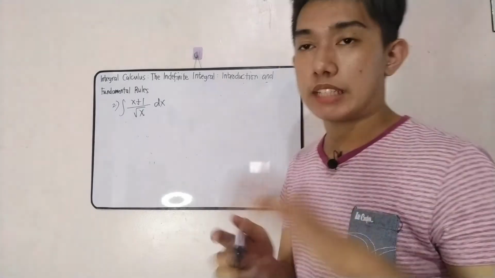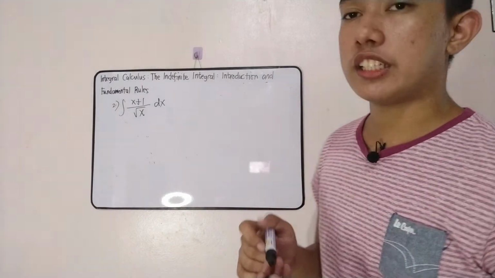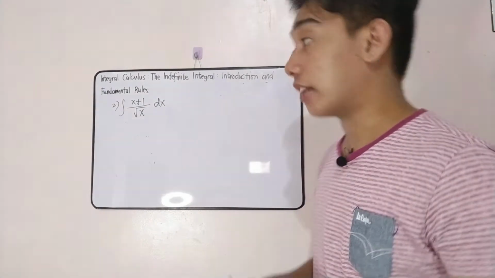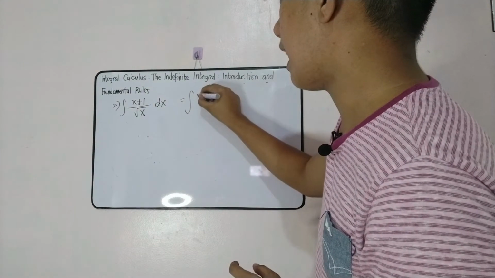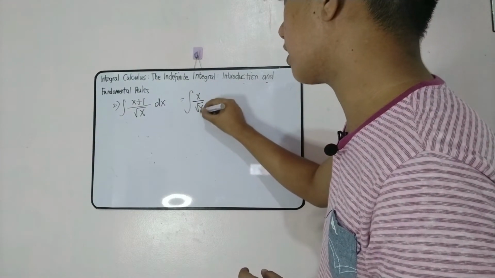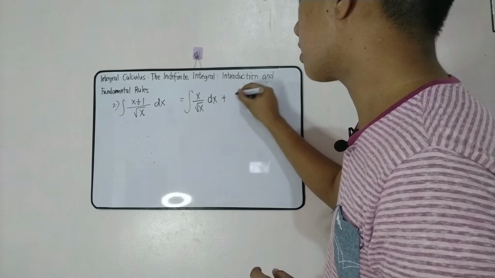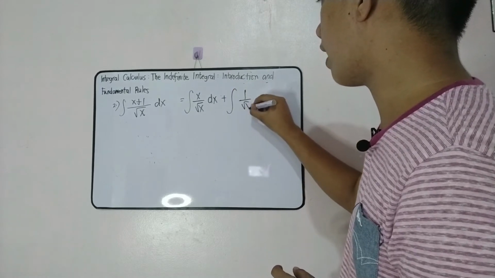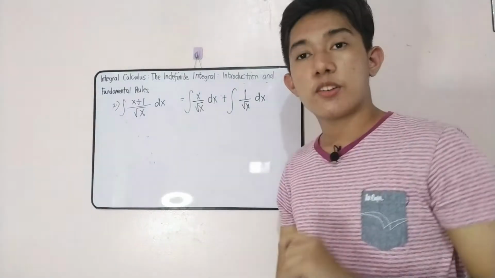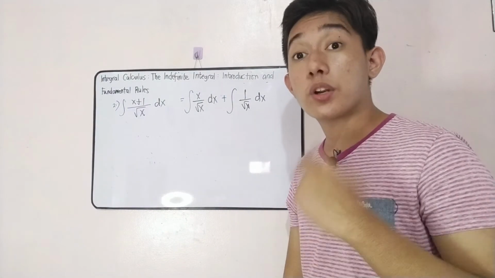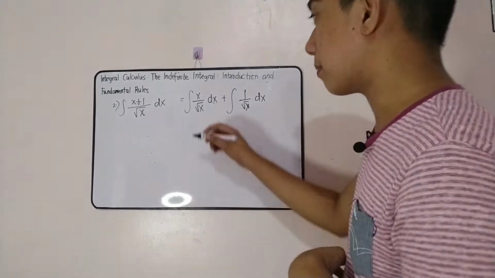Pero, madali lang yan. So, first things first, we will recall our algebra. Di ba pwede natin siyang gawin ganito? x over square root of x dx plus 1 over square root of x dx. Right? Then, we can also transform this one into rational exponents para mas madali.